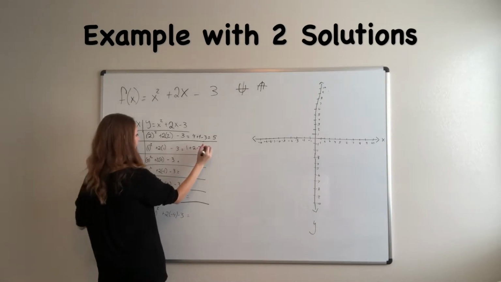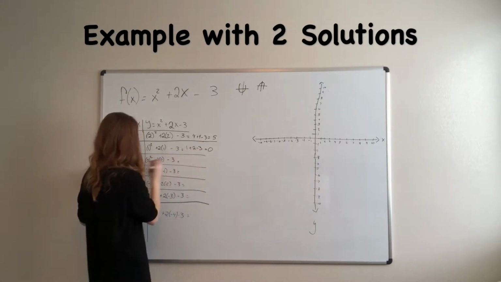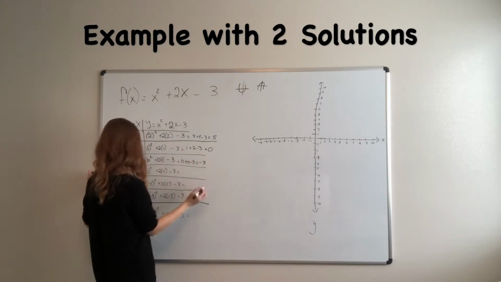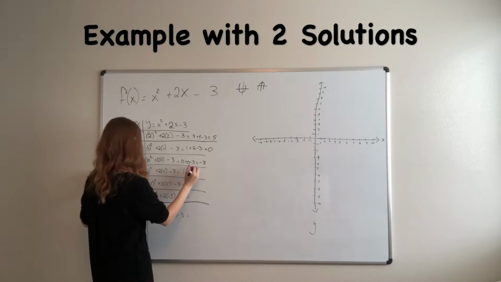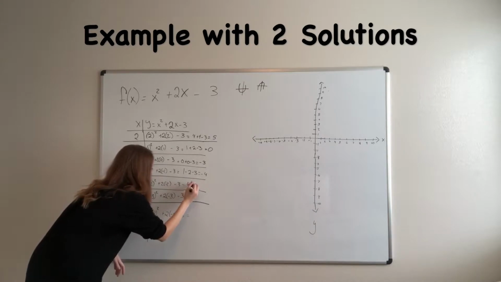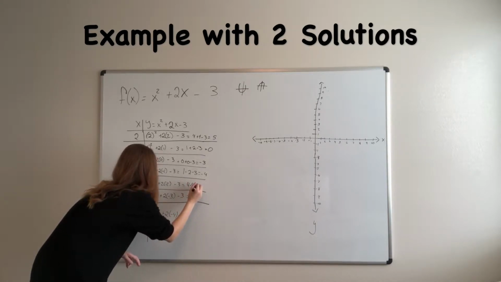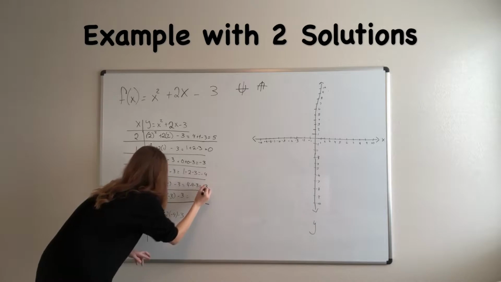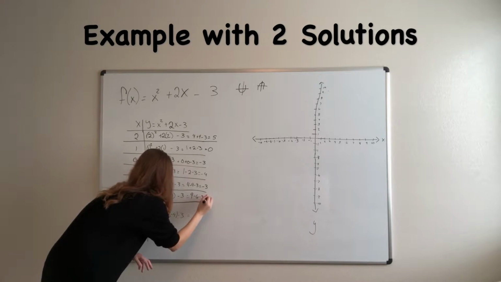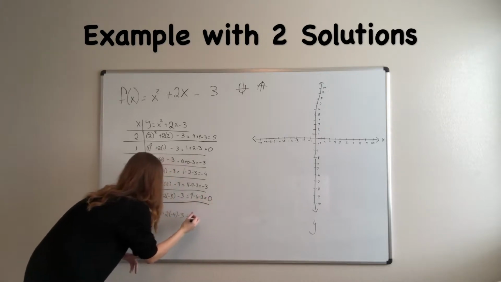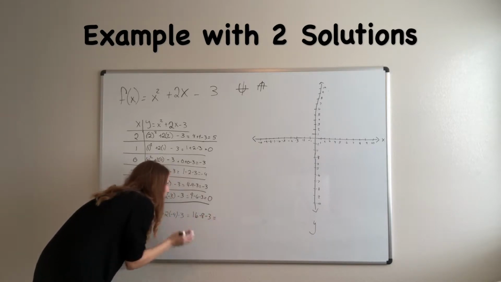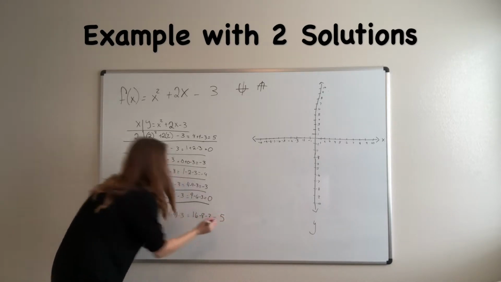Plus 2 minus 3, it's going to give you 0. 0 plus 0 minus 3, it's going to give you negative 3. 1 minus 2 minus 3 is going to give you negative 4. 4 minus 3 is going to give you negative 3. 9 minus 6 minus 3 is going to give you 0. 16 minus 8 minus 3 is going to give you 5.